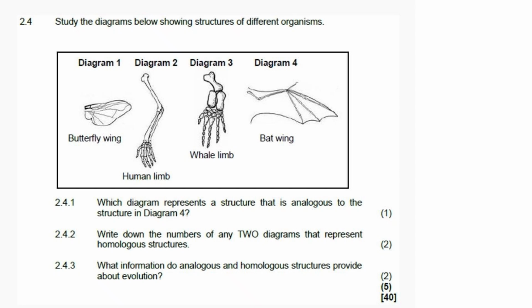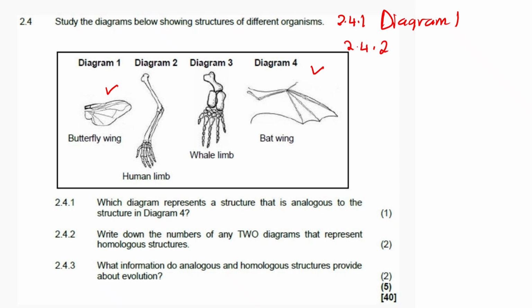2.4, study the diagrams below showing structures of different organisms. 2.4.1, which diagram represents a structure that is analogous to the structure in diagram 4? It is diagram 1. 2.4.2.